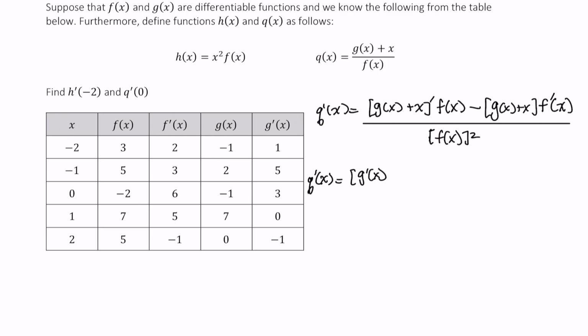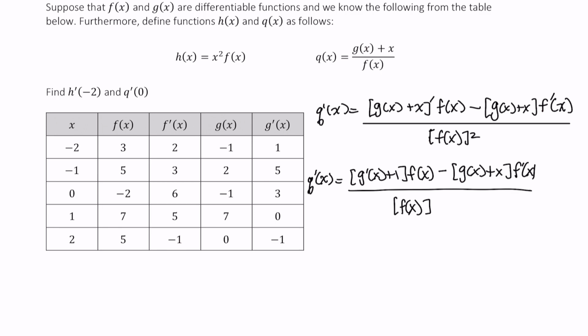So this is g prime of x plus 1 times f of x minus, and again I have g of x plus x, this entire numerator of the original function, times f prime of x, and then of course I'm dividing by f of x quantity squared. I'm going to warn you to keep it simple and not get fancy with your algebra, distributing and combining like terms and trying to find some simplification.